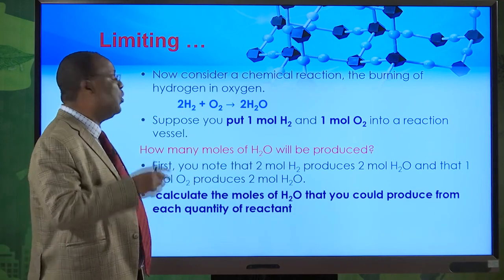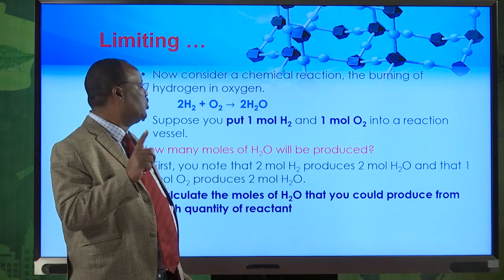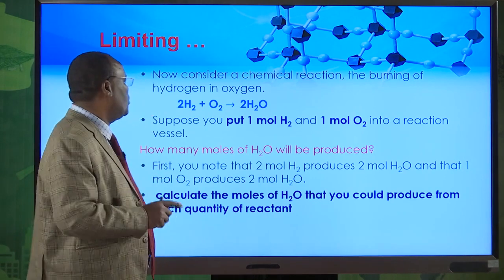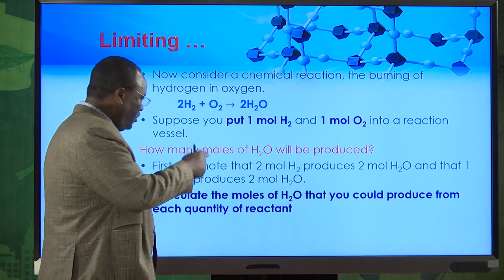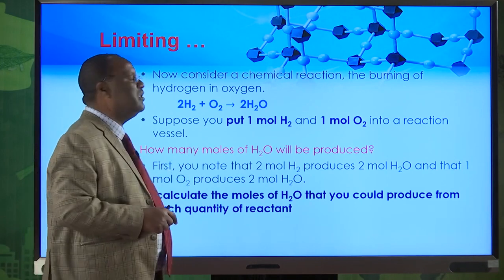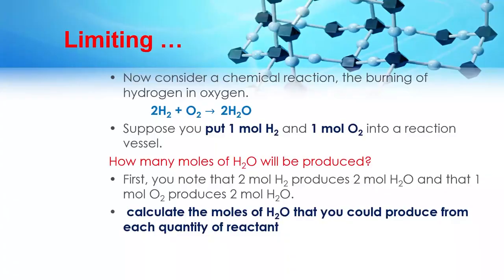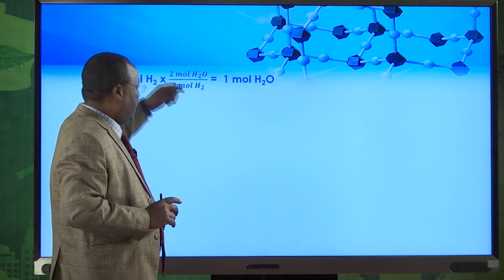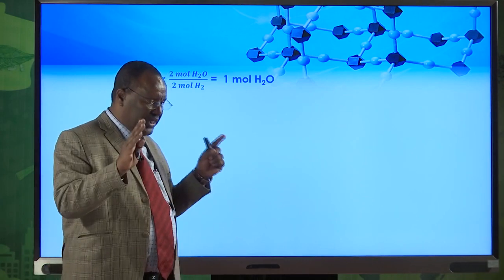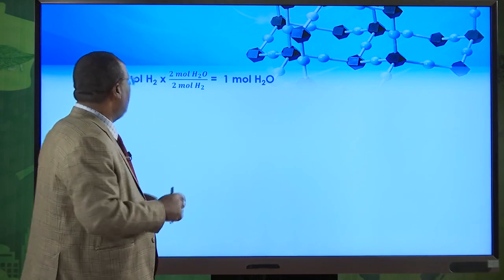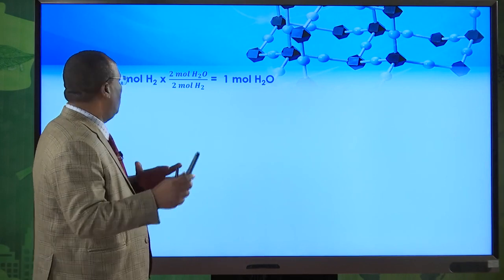So calculate the number of moles of water that could be produced from each quantity of the reactants. We have to calculate, using both reactants, the amount of water that will be produced. So using hydrogen, I've said that we have 1 mole of hydrogen in the reaction vessel and 1 mole of oxygen.